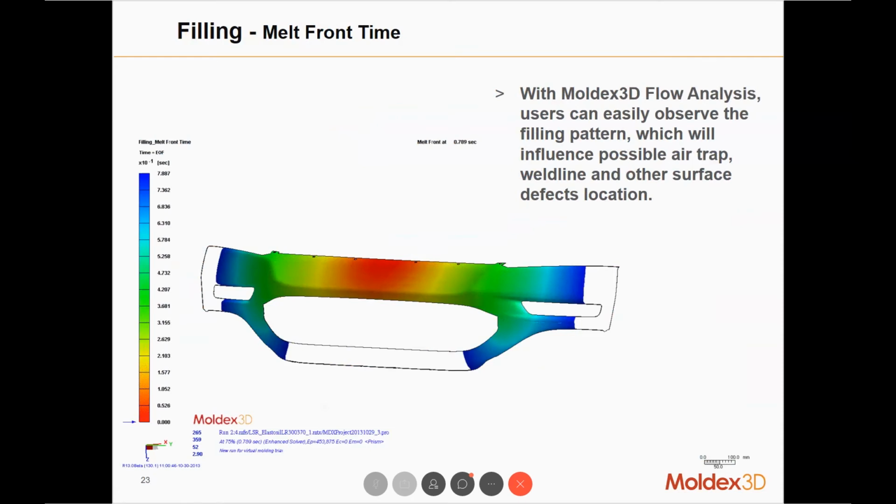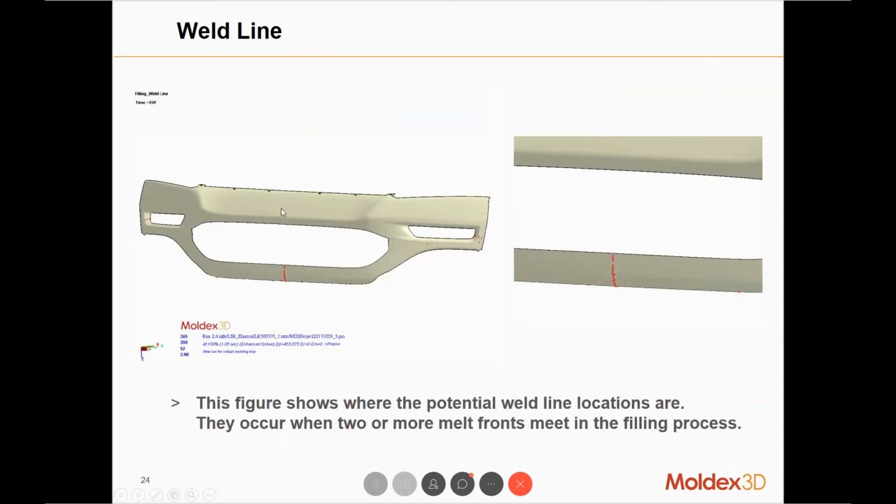As in the filling animation, the melt front comes from here, and the other side comes from the right to the left, and the two melt fronts will meet each other exactly in the middle on the bottom. This is where you will have a visible weld line exactly in the middle.